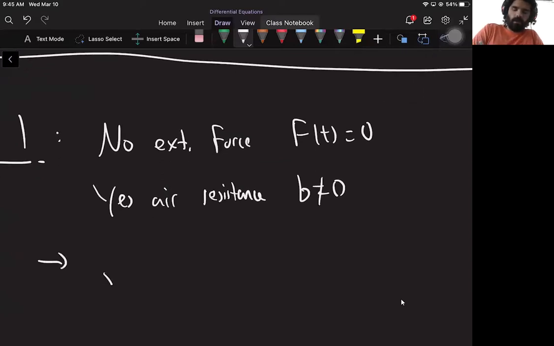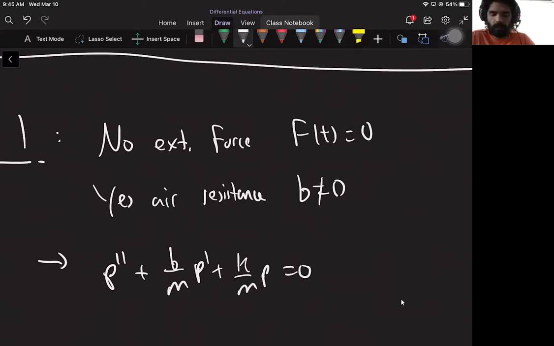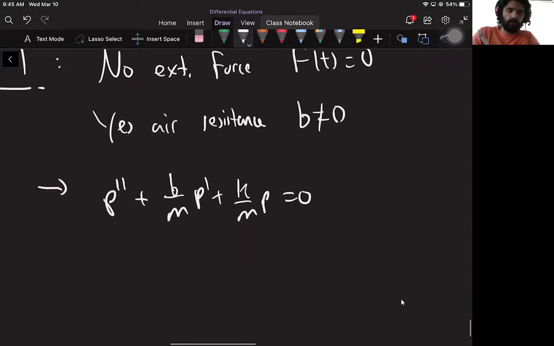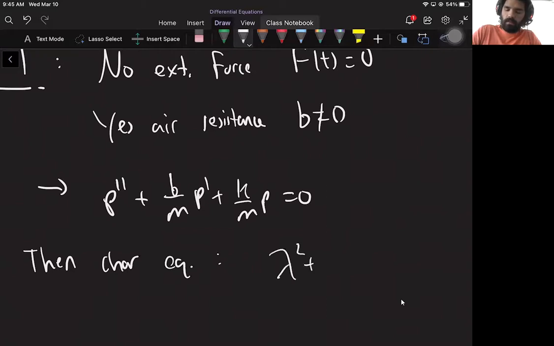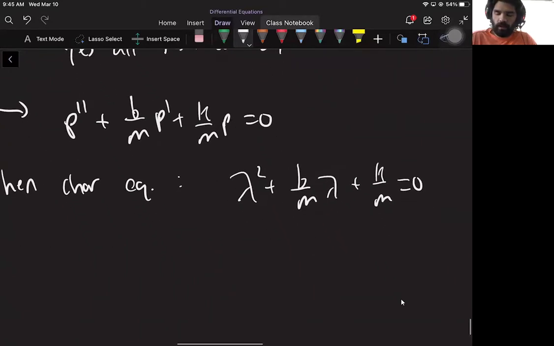Then the differential equation will look something like this, which we can solve by using the characteristic equation: lambda squared plus B over M lambda plus K over M equals 0. And we can solve for lambda using the quadratic formula. Then this can tell us all the possibilities once we have this.